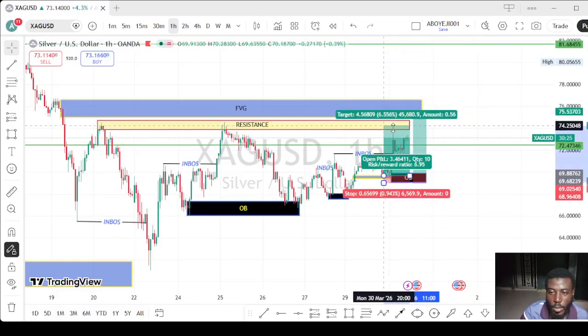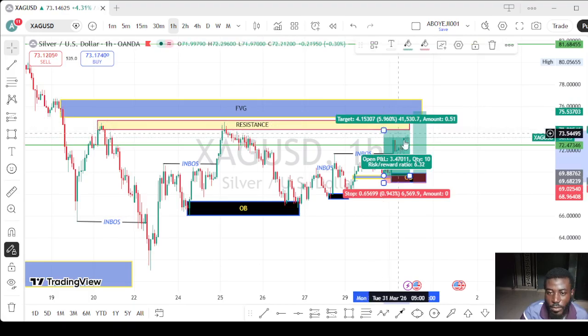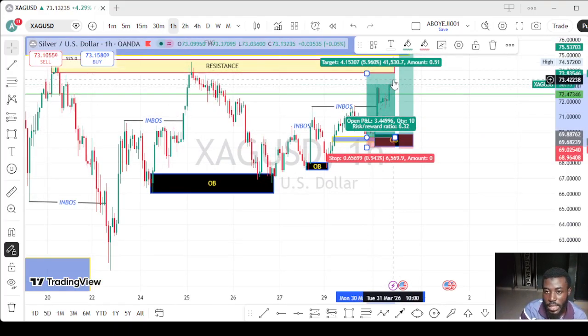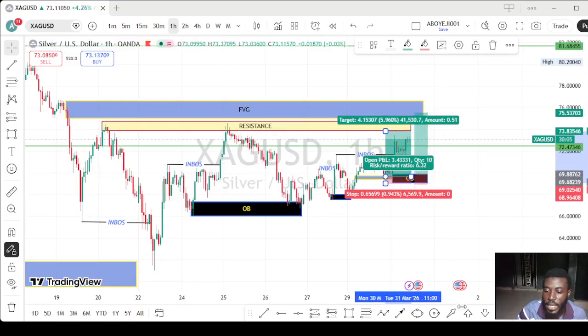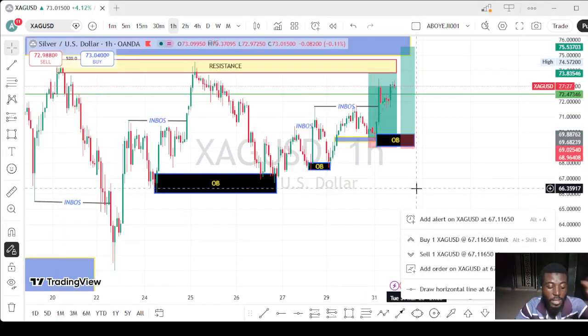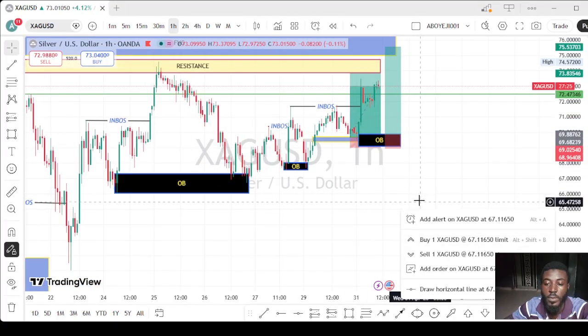So the market may push back from here. This is our trend that triggered. The market may push back from this resistance. So if you see another downtrend from this resistance, definitely we are buying. Let me adjust. This will serve as liquidity for us.